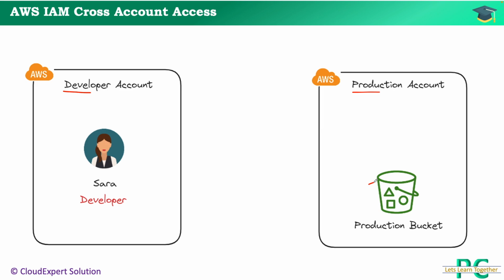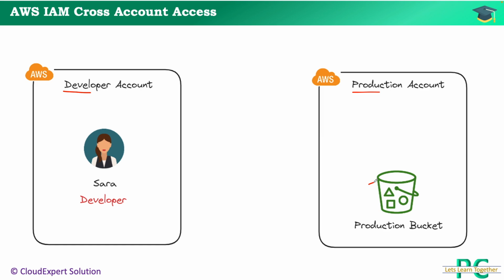Now, if you are thinking that you will create another user for Sarah in the production account, then no, you are wrong. Today you have two accounts, but in actual use cases you may have 1,000 accounts. You can create 1,000 users in different accounts. But let's say Sarah is departing that team, you have to make sure you are removing Sarah's access from all other accounts.